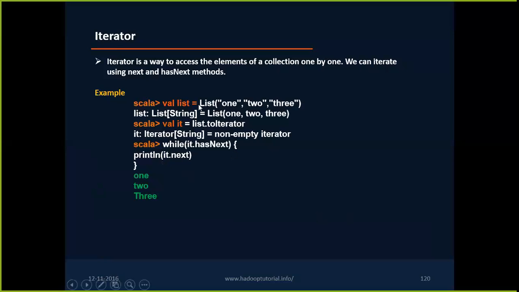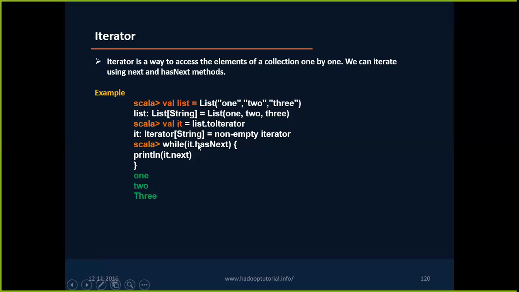So for example, I have a list 1, 2, 3, and on any collection, not just list, on lists or set or map or any collection, you will have a method called toIterator. The collection.toIterator returns an iterator, and on iterator mainly you will have two methods.